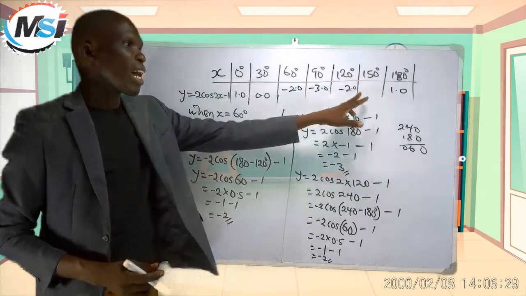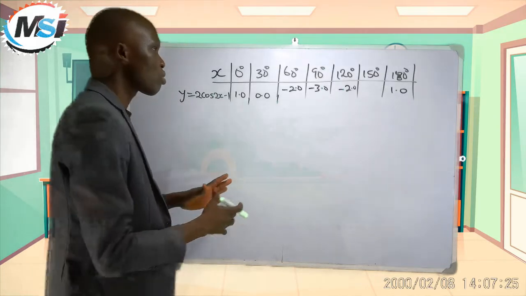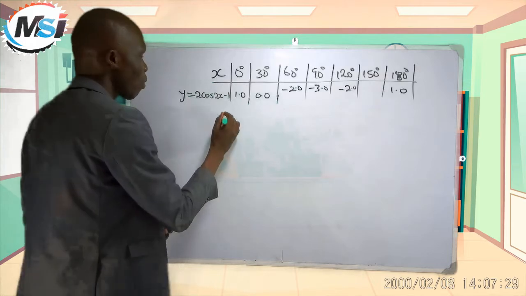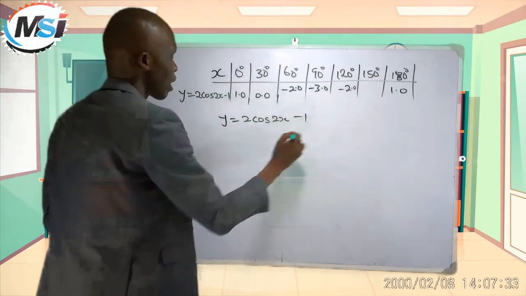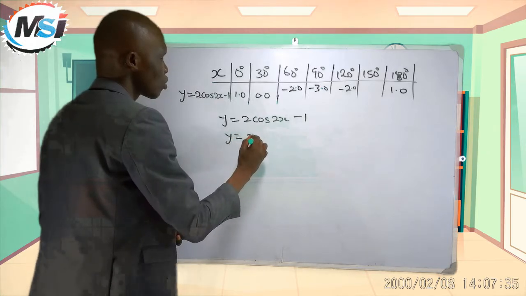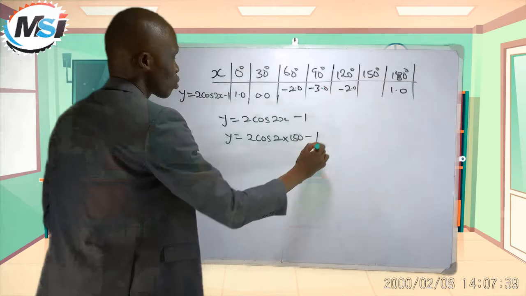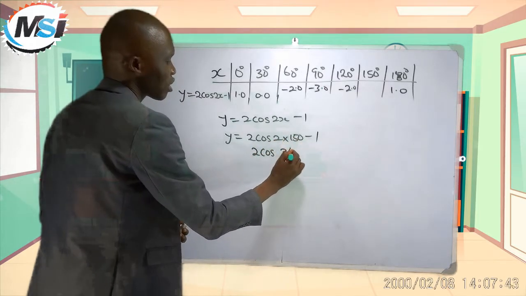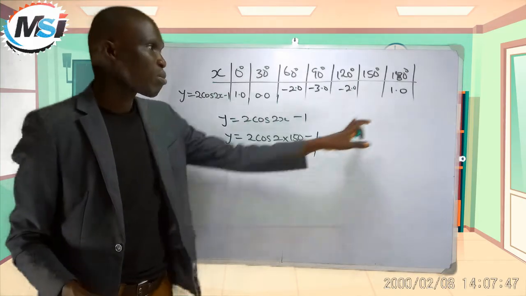Now the last one is 150. Okay class, now for us to find 150, remember we have y equals 2 cos 2x minus 1. So y will give us 2 cos 2 times 150 minus 1. This will give us 2 cos 360 degrees minus 1. Now 360 degrees is more than 180.